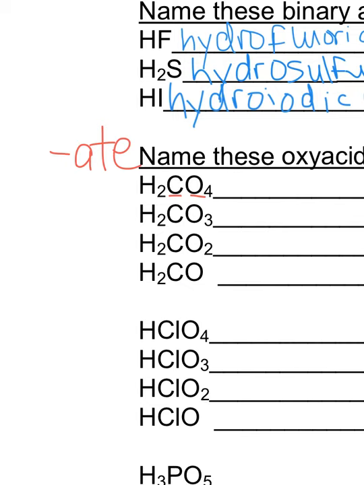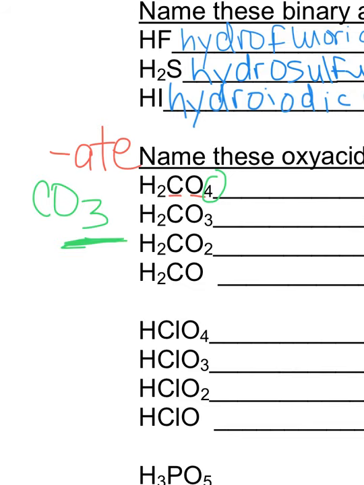Which ion has both carbon and oxygen and ends in ATE? Carbonate. Okay, that one's going to be carbonate. So carbonate is CO3. Our formula has 4 oxygens. The carbonate ion has 3 oxygens, right?